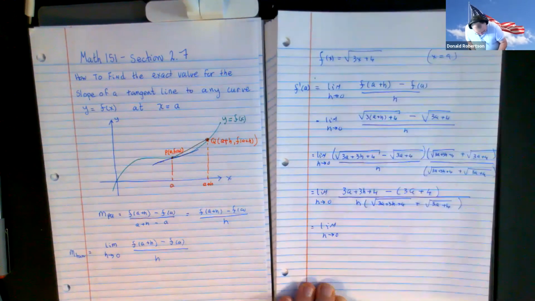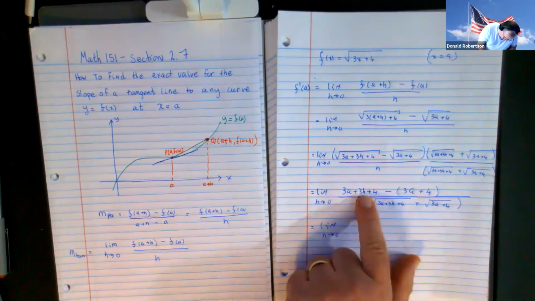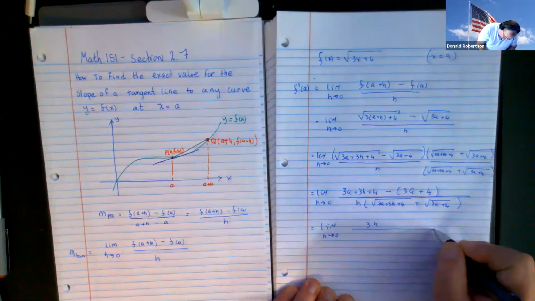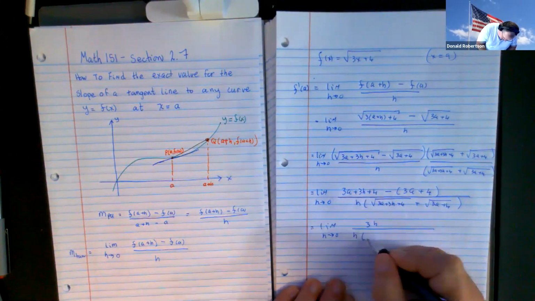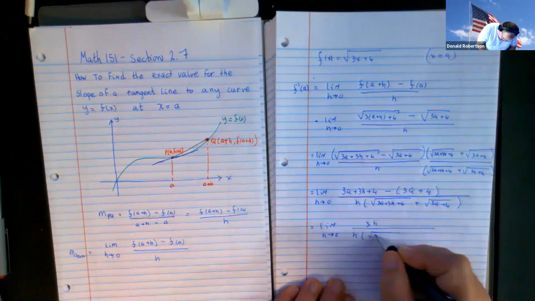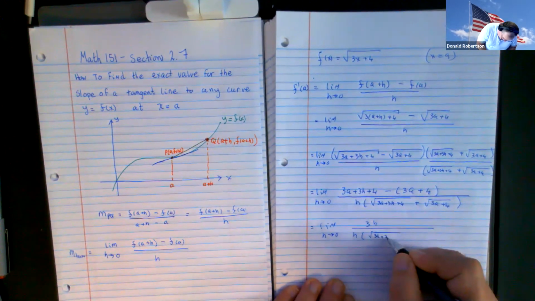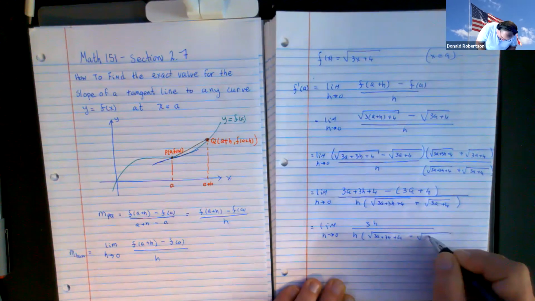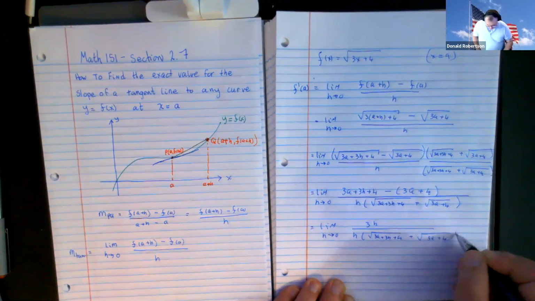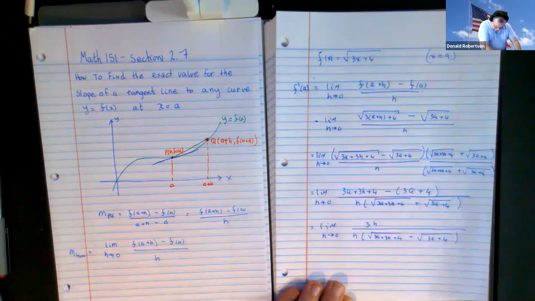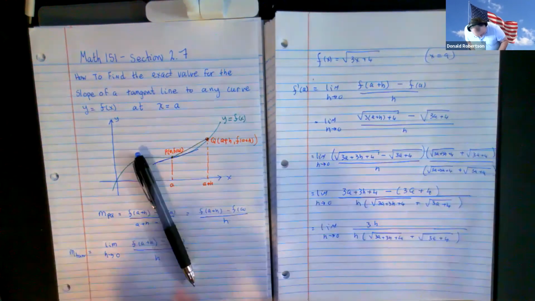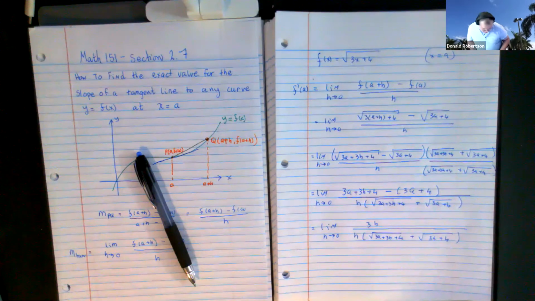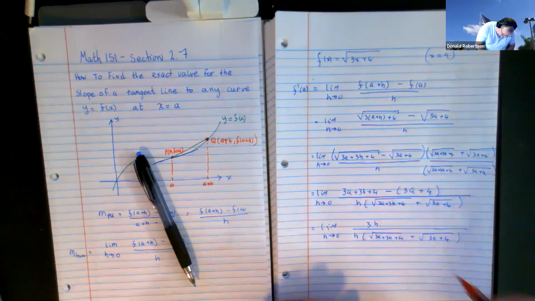Don't the 3a's kill and the 4's kill? If you do these correctly, there shouldn't be any numbers left on the top, right? It should just have h's. In this case, cancel them.